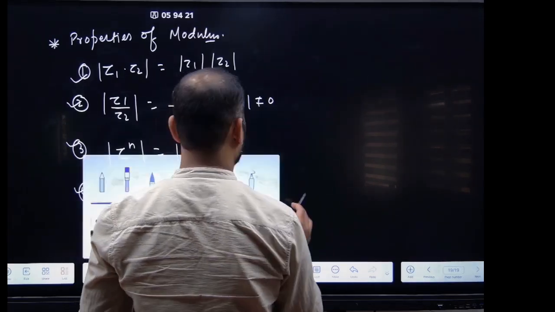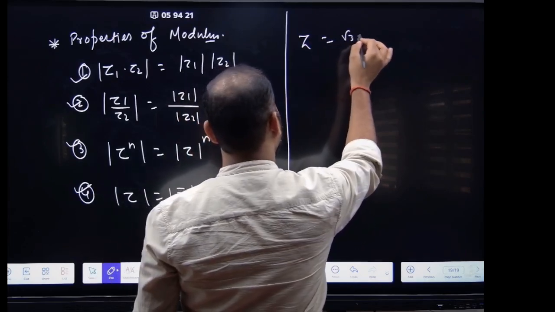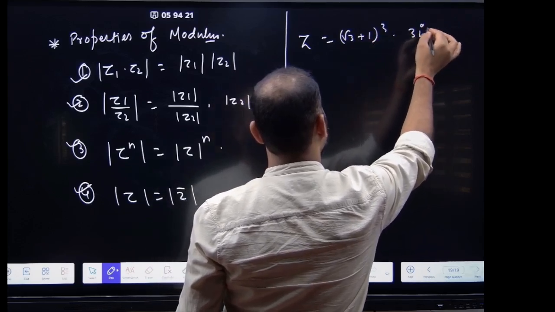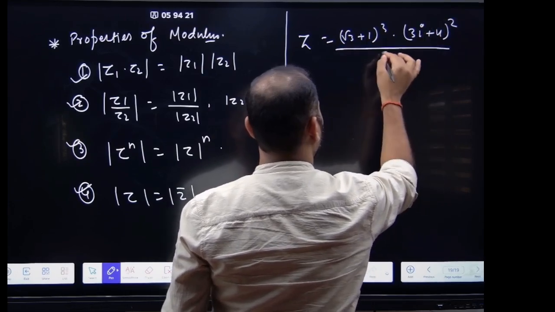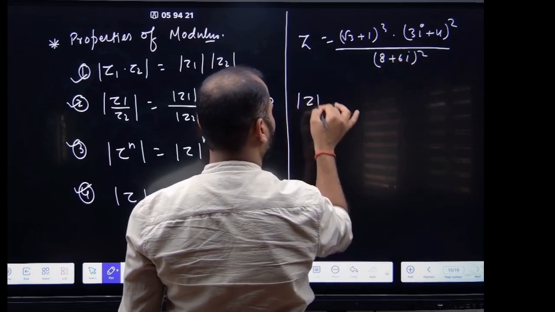z is equal to (root 3 plus i) the whole cube into (3i plus 4) whole square, divided by (8 plus 6i) whole square. Just here we want mod z, right?